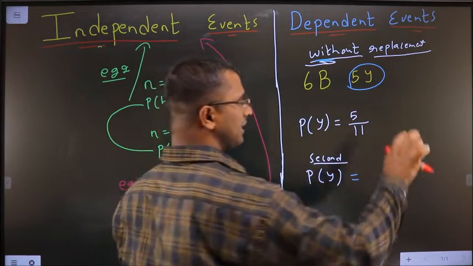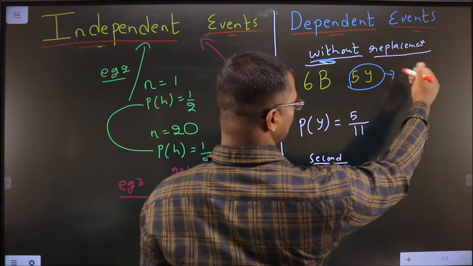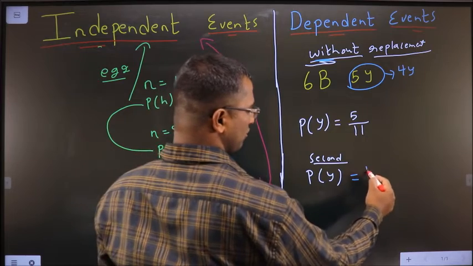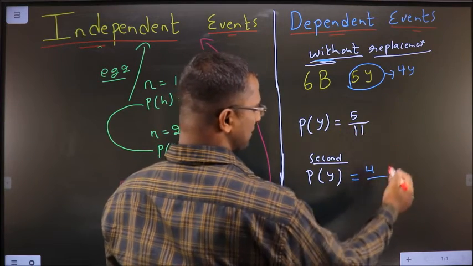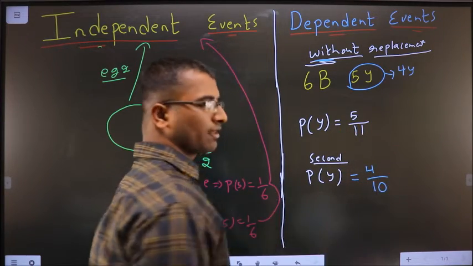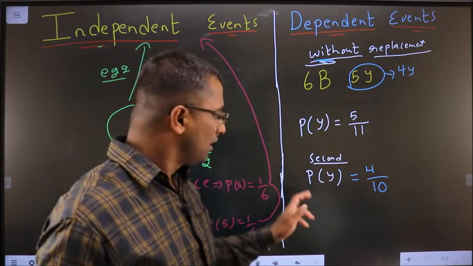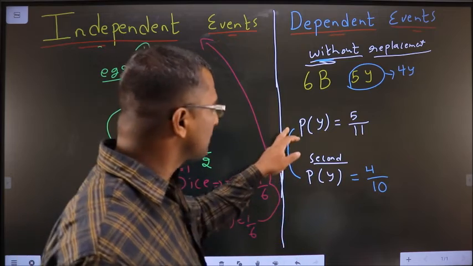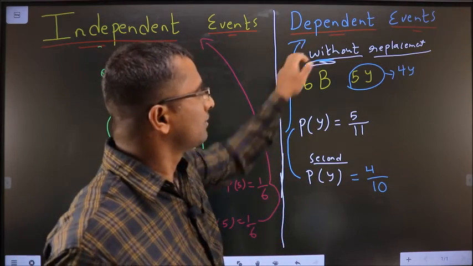So that will result in a decrease of the yellow count. Now yellow present are 4. So 4 by the total, 6 plus 4, 10. Now observe, did the probability change? Yes. So this comes under dependent.